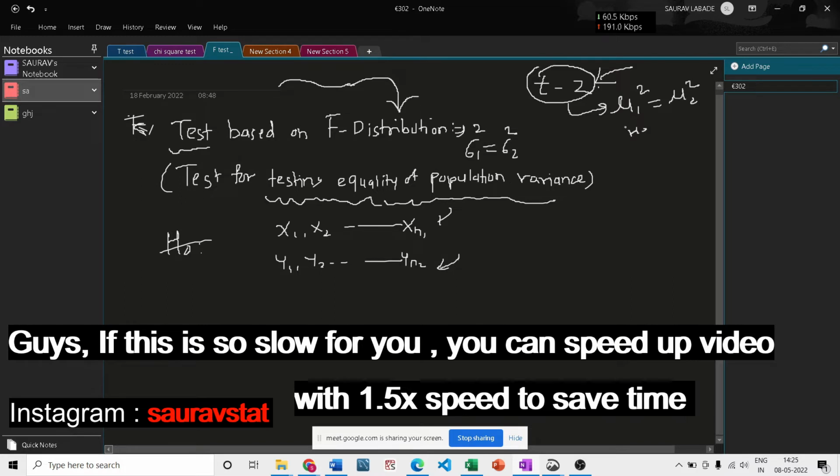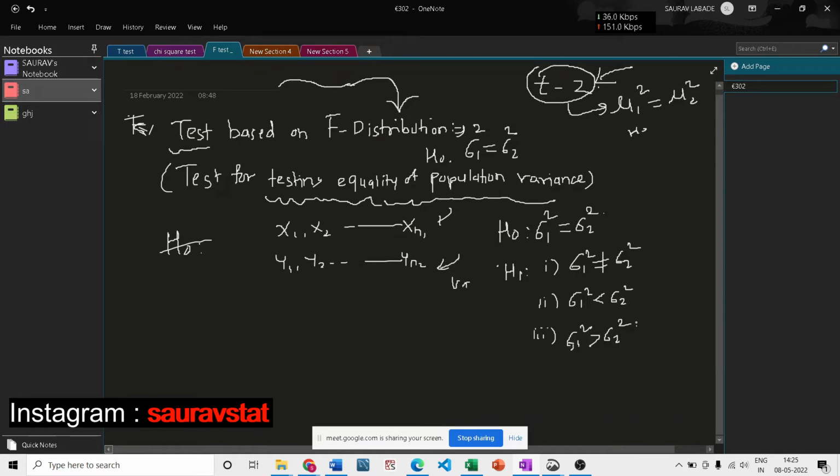So this is my H naught in this case, and that is my H naught in the other case. Simply, my null hypothesis is H naught: sigma 1 square equals sigma 2 square, versus the alternative hypothesis, as we did before: not equal, sigma 1 square less than sigma 2 square, and sigma 1 square greater than sigma 2 square. So this will be my null and alternative hypothesis.